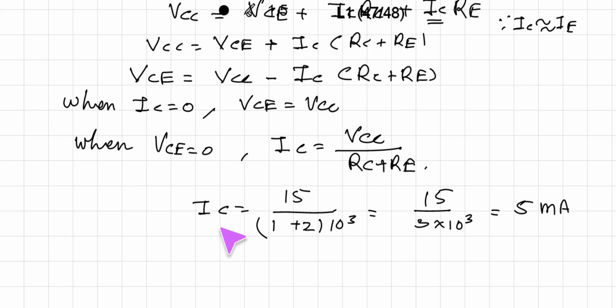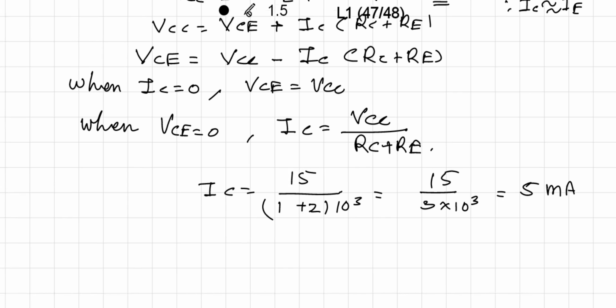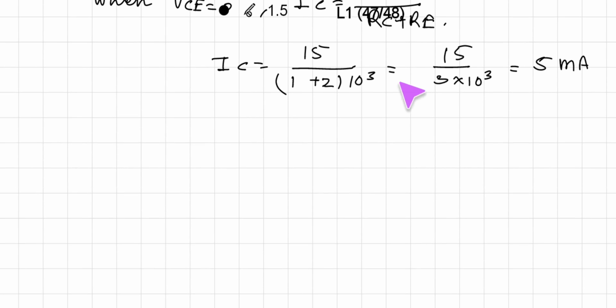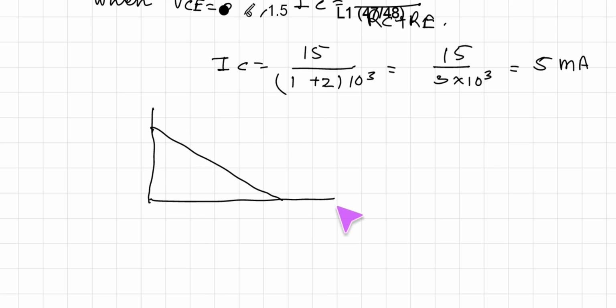So we got collector current IC, a maximum of 5 milliampere, at the second point. Now to plot the graph, see here, this is VCE.